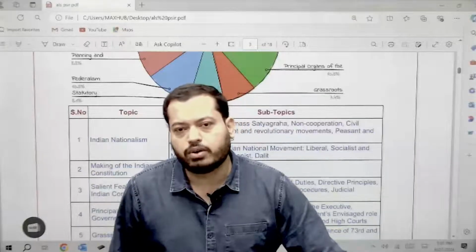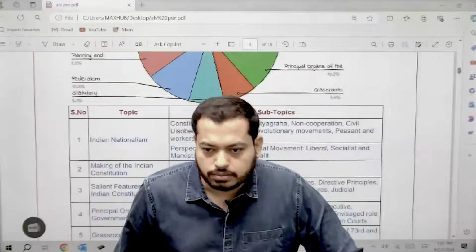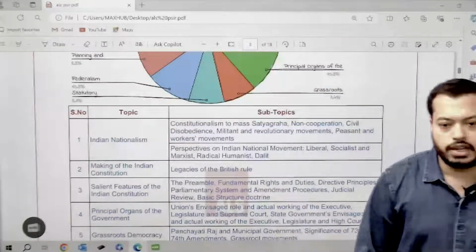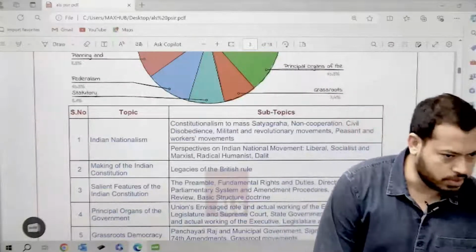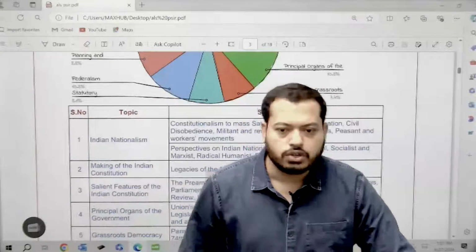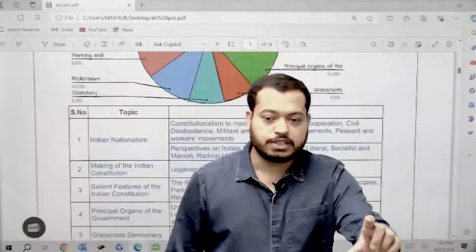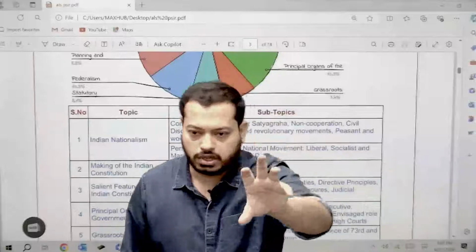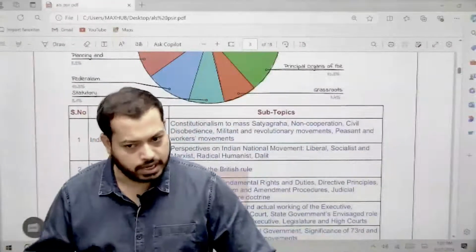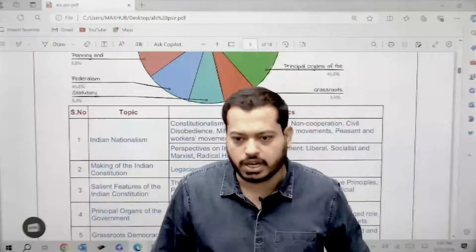For example, has anyone heard about the Sepoy Mutiny or the revolt of 1857? Yeah? Okay. In your history books you have been taught the Sepoy Mutiny, also called the first war of Indian independence, 1857. In history it's taught how the specific incident happened, what the causes were, how Bahadur Shah ended up leading the whole thing, how it ended by June 1858, and what the after effects were.